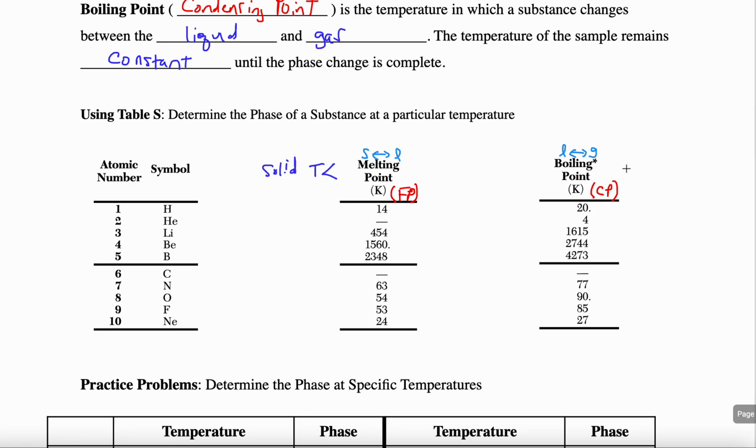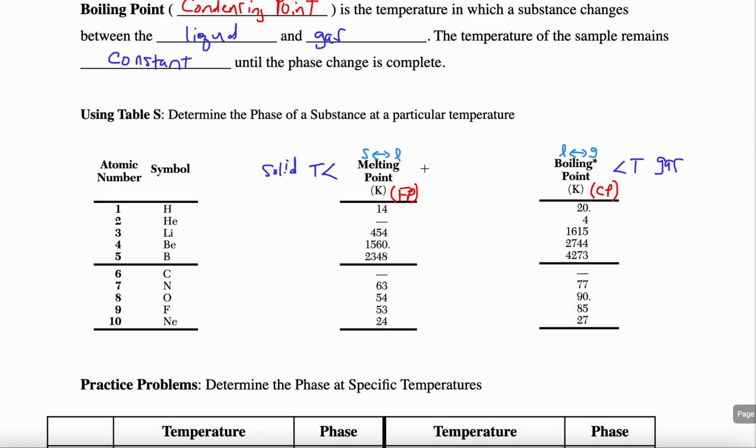If the temperature that we're holding our sample at is greater than the boiling point listed for that element, then our sample is going to be in the gas or vapor state.